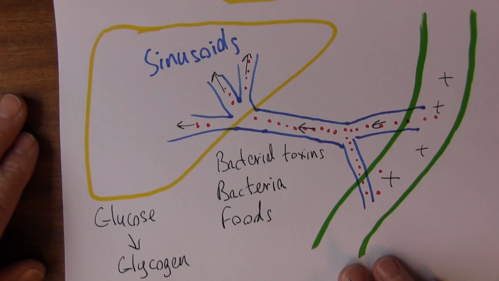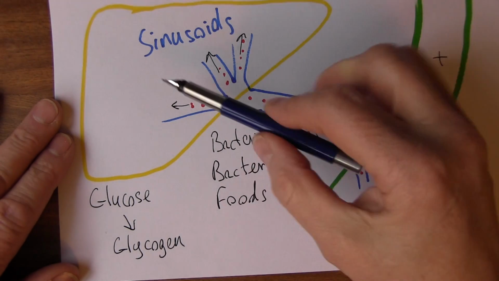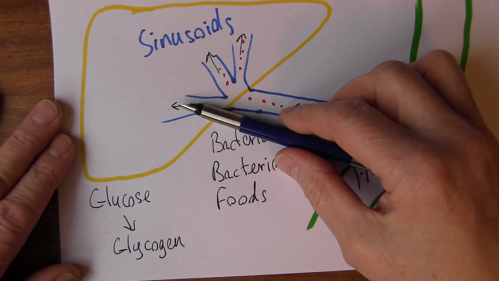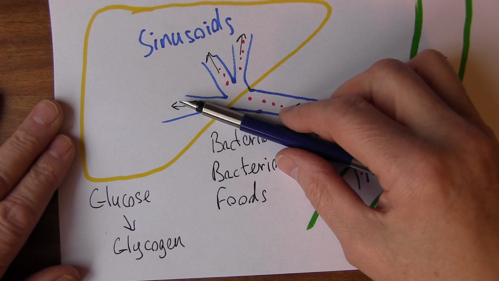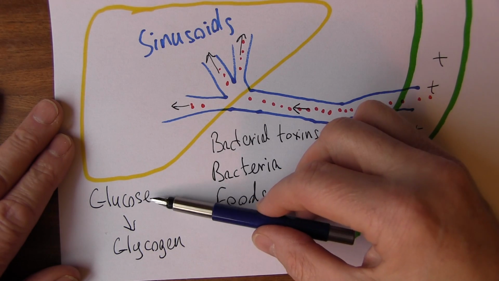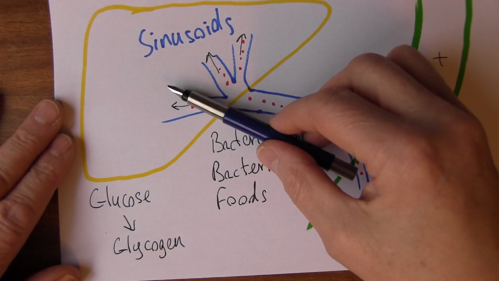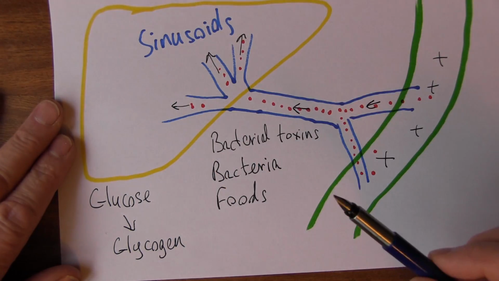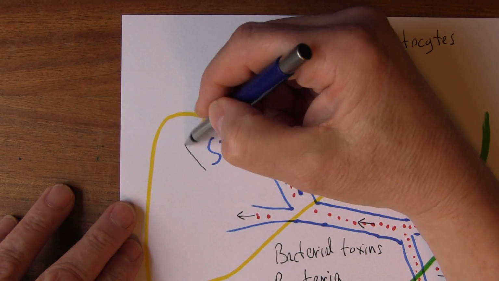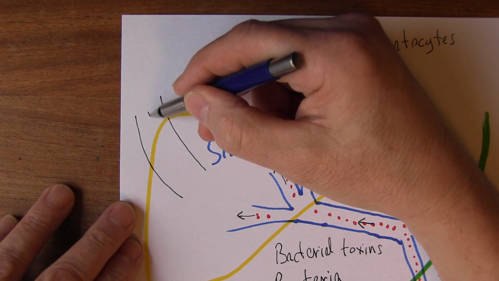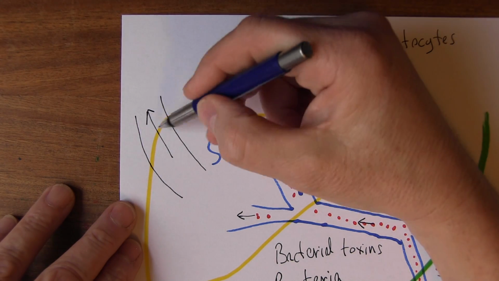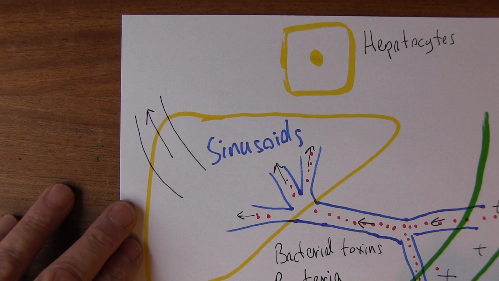So that there's chemical processing of foods in the liver. The other monosaccharides, the fructose and the galactose, will be converted into glucose in the liver. So that the only sugar draining into the systemic circulation, back out via the hepatic veins, the only sugar there will be glucose.